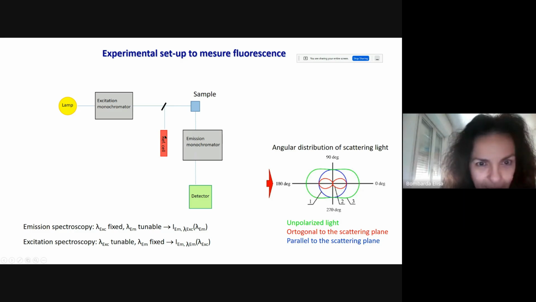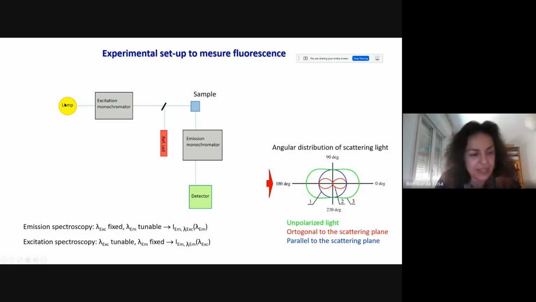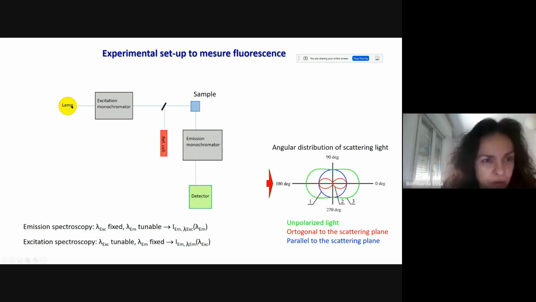Let's say that we measure like this the fluctuation of the lamp, because of course the lamp, as a real object, is not constant. It has fluctuation, and moreover the intensity of the lamp depends on the wavelength. Normally it is a xenon lamp.